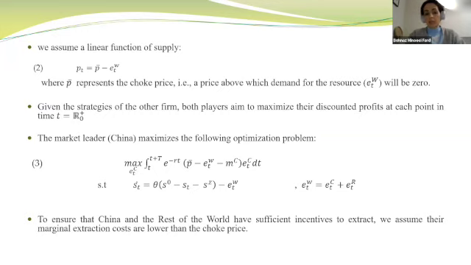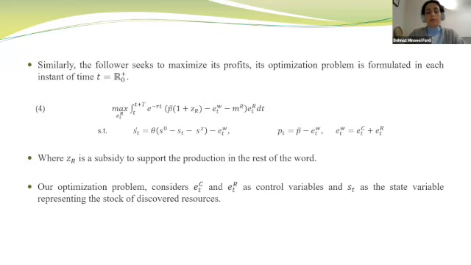In the interaction between China and the rest of the world, both players try to maximize their discounted profits. In equation 3, you can see how China maximizes its optimization problem subject to the discovered reserves that I mentioned before. And as an incentive to extract, we keep the marginal extraction cost for both players lower than the choke price.